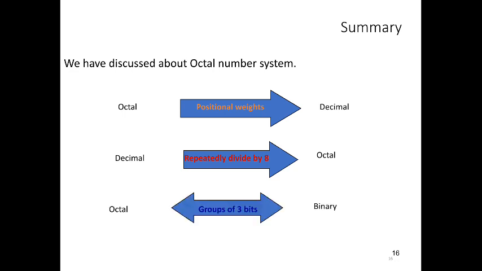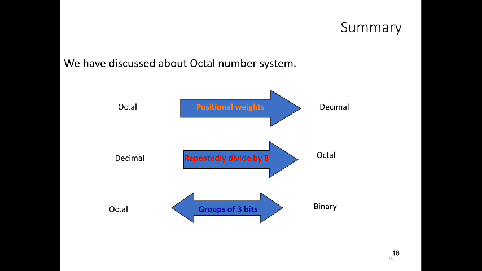When it comes to the fractional part, you should always multiply and write the carry. If it is integer, divide and write the remainder. If it is fractional, multiply and write the carry. Also remember, for the integer part the remainders are written in reverse order, but when you multiply for the fractional part, you write the carries in correct order, from top to down.